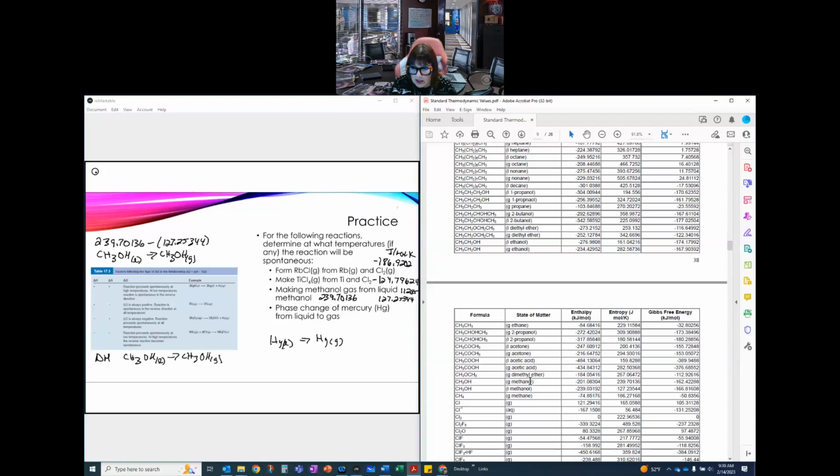I need to find my delta H values for the liquid and the gas. My delta H for the gas is negative 201.08304. So my delta H is, again, this first column. So that's my gas. The liquid is negative 239.03192. Now, I'm not going to do anything with that right now.